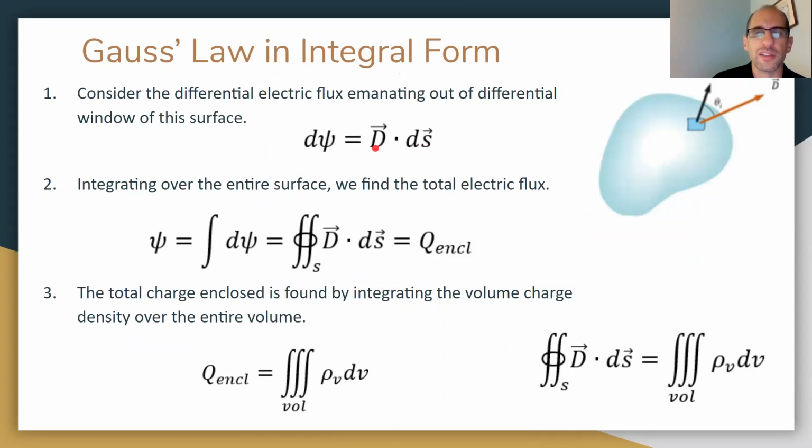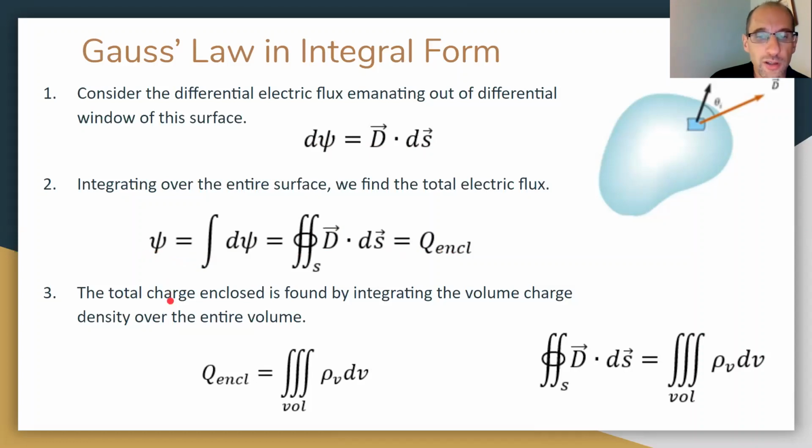So you have the electric flux density dot product with dS. dS is this differential surface area, and that is a vector. And so you have a dot product here, and you get this differential flux. You integrate that over the whole surface, and you get the total electric flux enclosed by the surface.